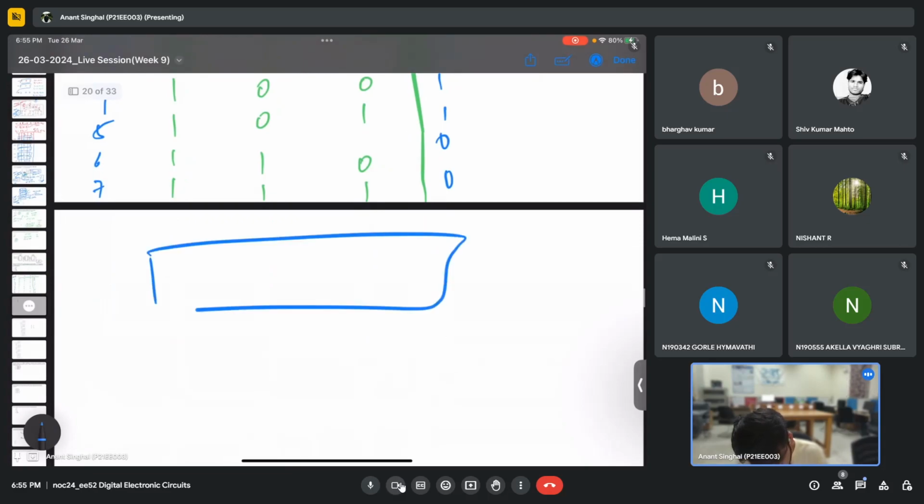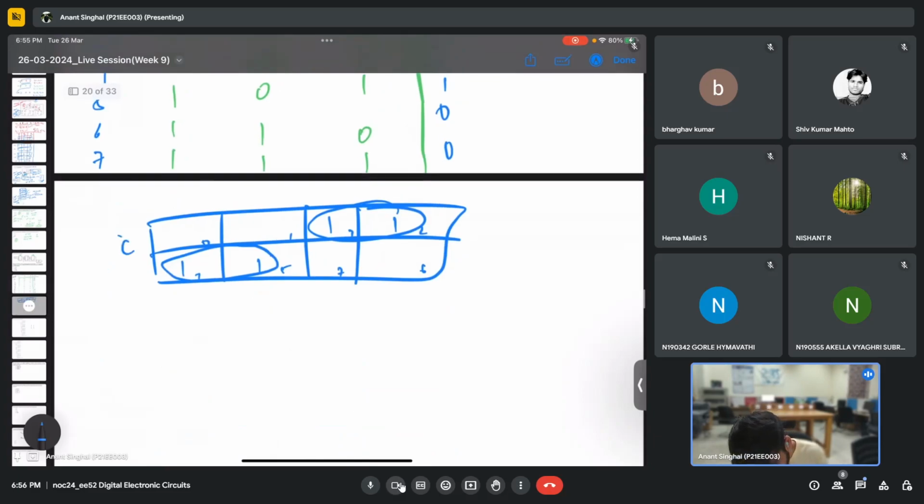So I'll write again 0, 1, 2, 3, 4, 5, 6, 7. 2, 3 is here and 4, 5 is here. There will be two pairs. What I have written is C complement, C. A bar B bar, A bar B, this will be AB, this will be A bar.